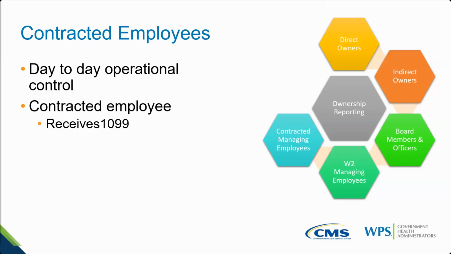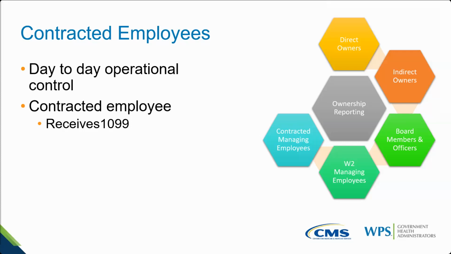They're going to look very much like a W-2 employee, except for whether or not they're directly employed or not. They'll be reported very much the same way. They will have to complete Section 6 of any CMS 855, and this can be in place for an organization, a facility, or someone in private practice.